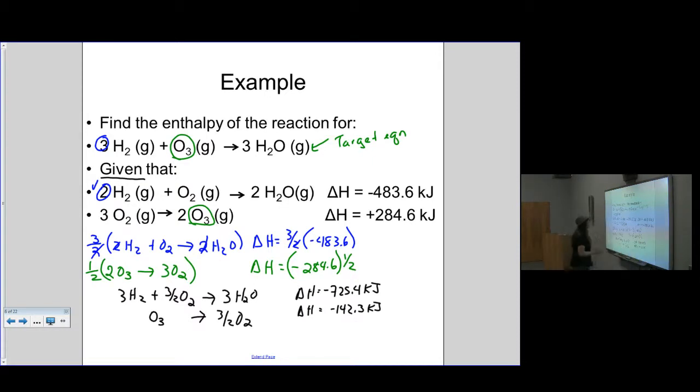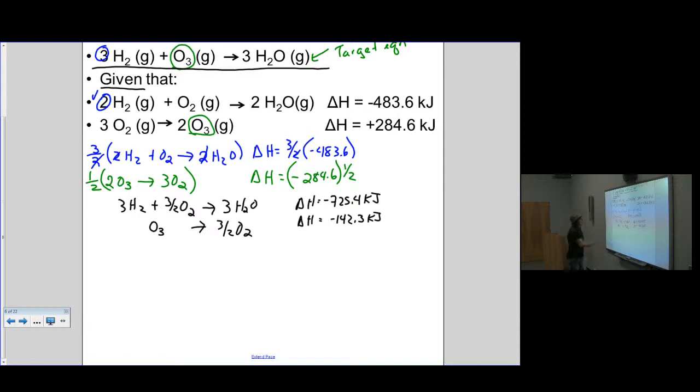Now I'm going to extend this page, so please remember that this is what we're going to get targeted to. But I've run out of space here. So now I'm going to add everything up. The 3 halves oxygen is going to drop out. I have 1 on the reactant side and 1 on the product side, so that will drop out.